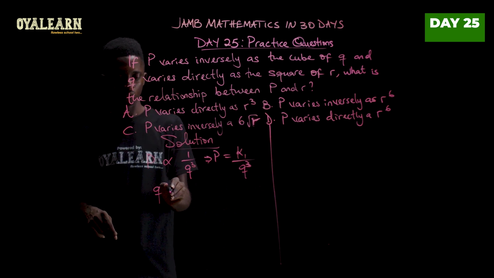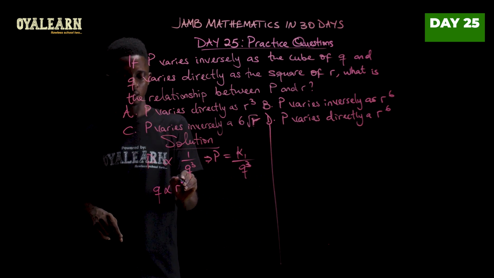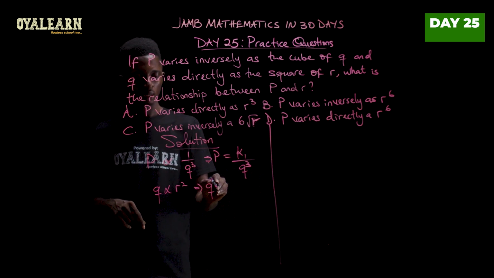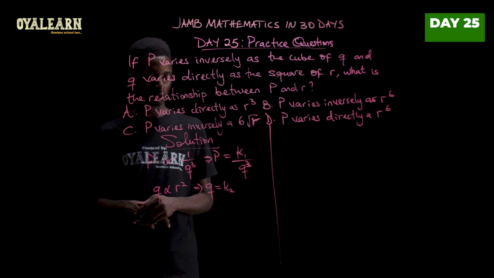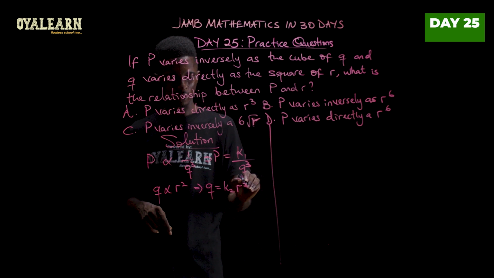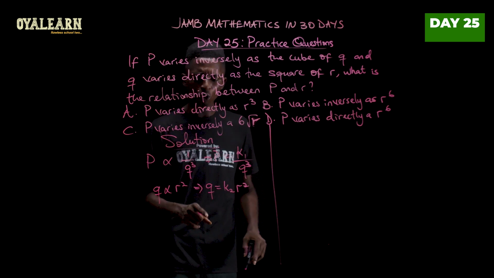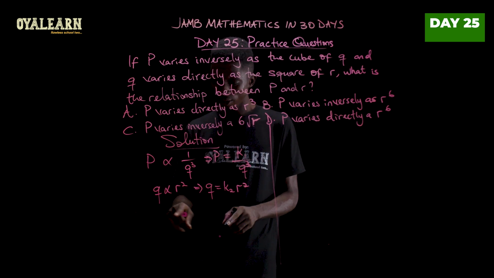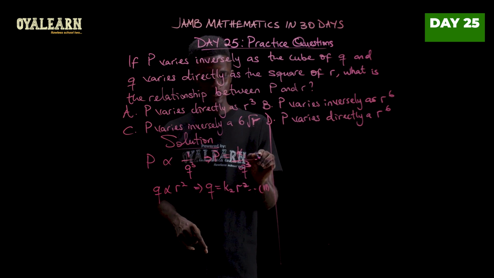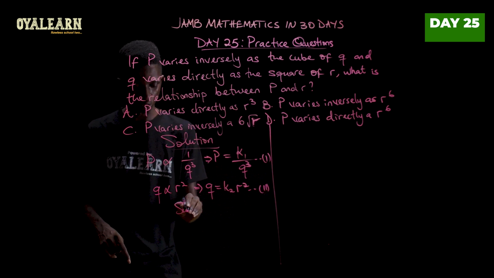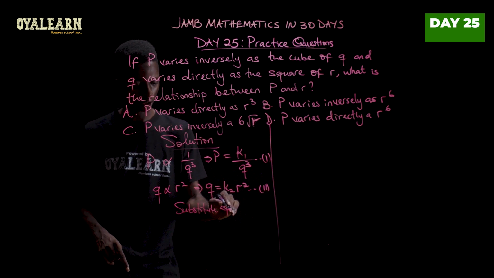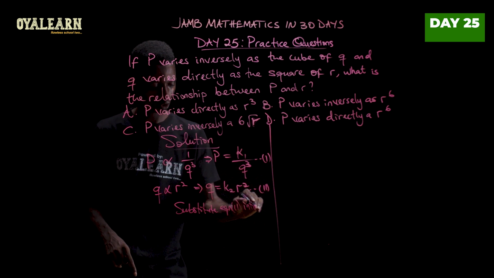So Q is proportional to square of R, and this implies that Q equals, so let's call this K2, and then R squared. Now when you look at equation 1, we have Q there, so we can substitute. So if we call this equation 1, equation 2 here, all we have to do is substitute equation 2 into 1.